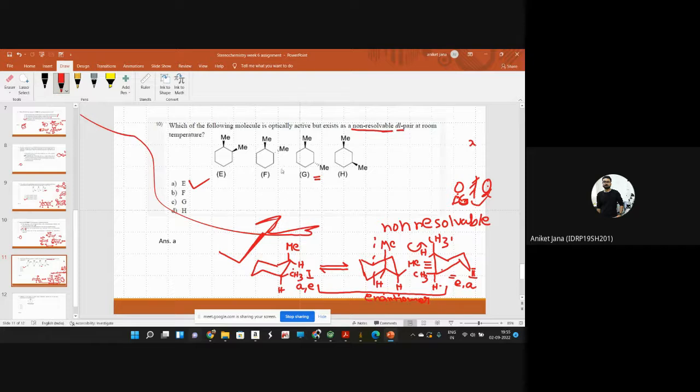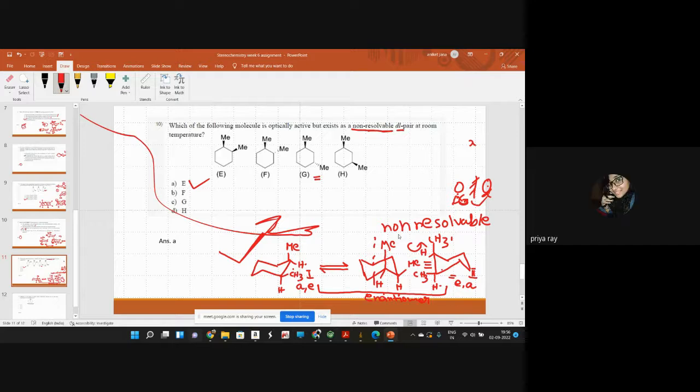But here it is saying non-resolvable. If it is a normal mirror image, they are a resolvable DL pair. But here we are not doing any such operation. We are just flipping the ring and giving it rotation. After giving rotation, it gives the enantiomer of the first structure.